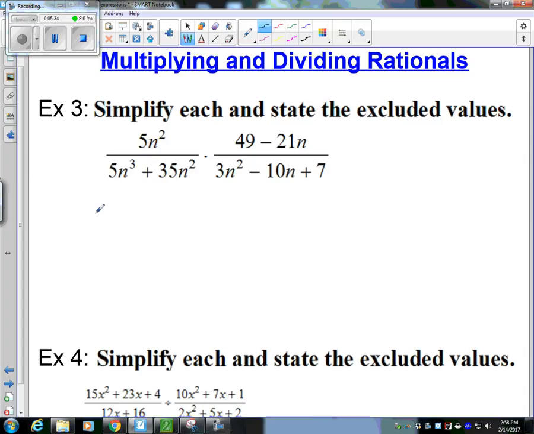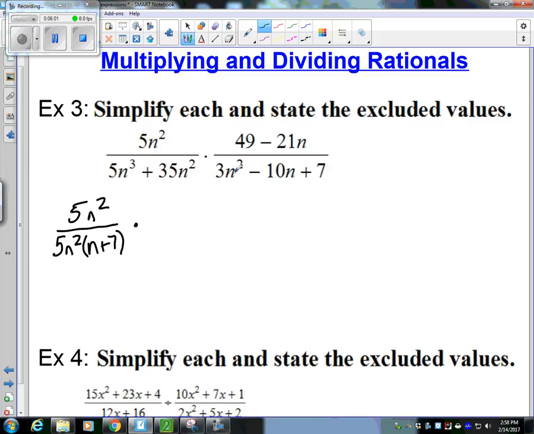The denominator, greatest common factor, you should be saying 5n squared. And if you divide each by 5n squared, you have n plus 7 times n plus 7. You can't factor it any further. It's not a binomial, there's no greatest common factor. Or it's not a quadratic, I should say.